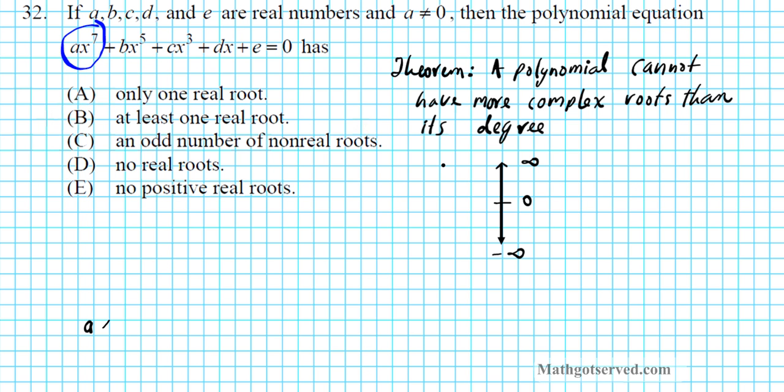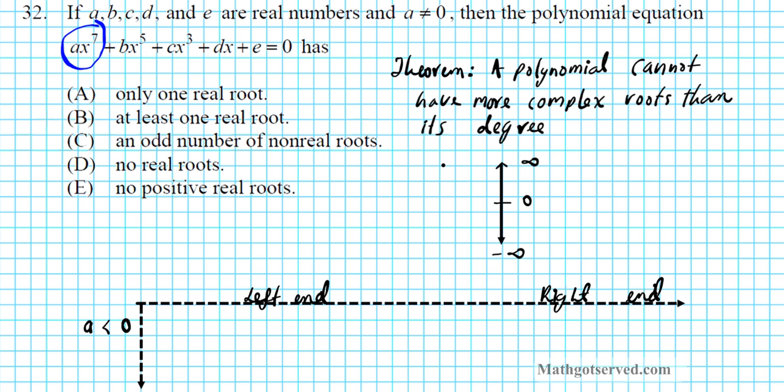What if A is less than 0? That's negative. What do we know about the left end behavior, and what do we know about the right end behavior? Now, for A less than 0, let me make a chart right here so our work is organized.